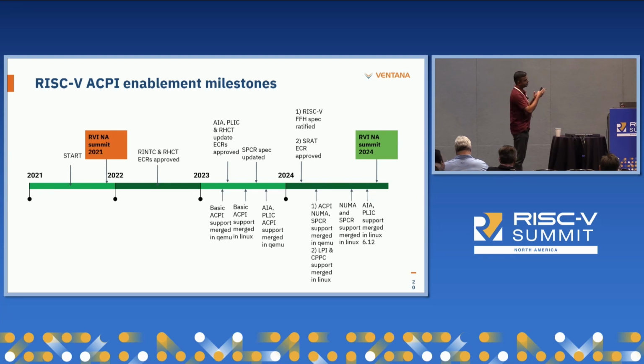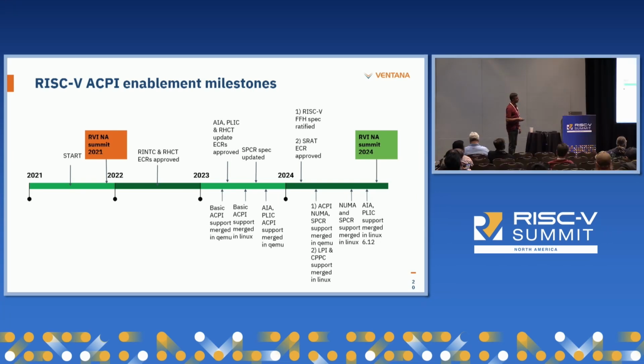Because of that, we had to delay the AIA-related specification update in ACPI. So we divided the ACPI engineering change requests to update the ACPI spec into multiple parts. First we got the local interrupt controller and the hart capability table approved.